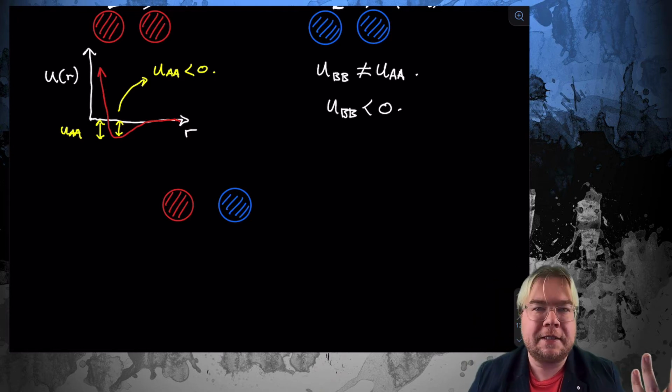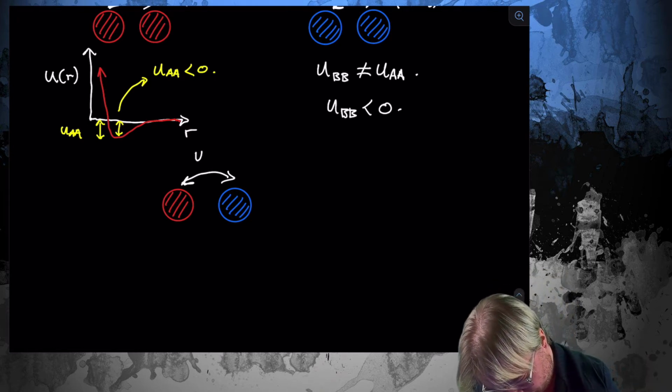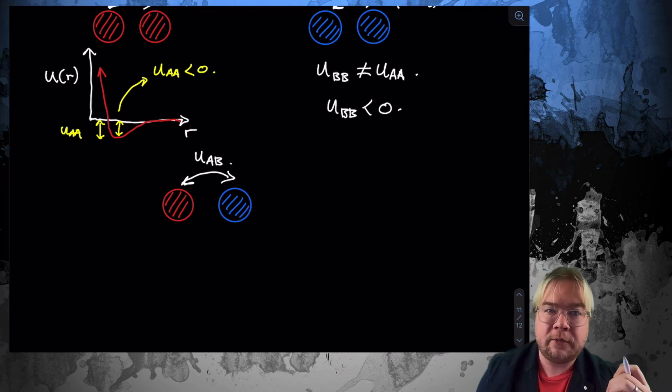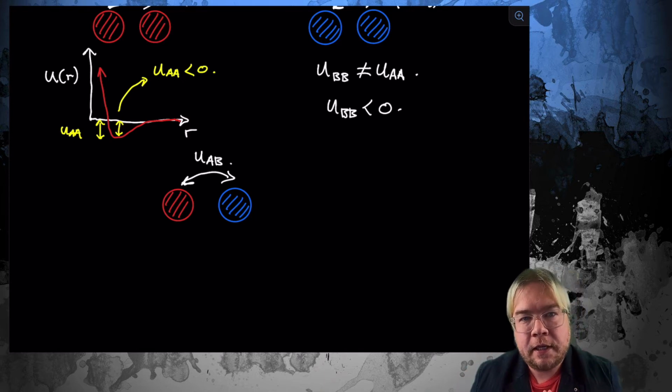And so it's just the same thing. There's going to be an interaction if these things are close enough, and there will be a UAB term. So those are the only interactions that are possible in my system. And so now the question is, what is the difference in those interactions between when the system is mixed versus when the system is unmixed?